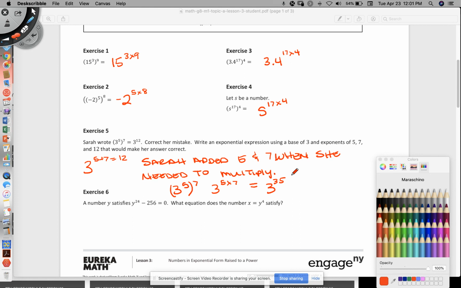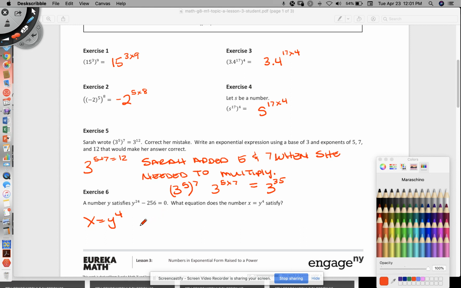All right, let's look at exercise 6. A number y satisfies y to the 24th minus 256 gives me 0. What equation does the number y equal or x equals y to the 4th satisfy? So what does this mean? What does y to the 4th mean?